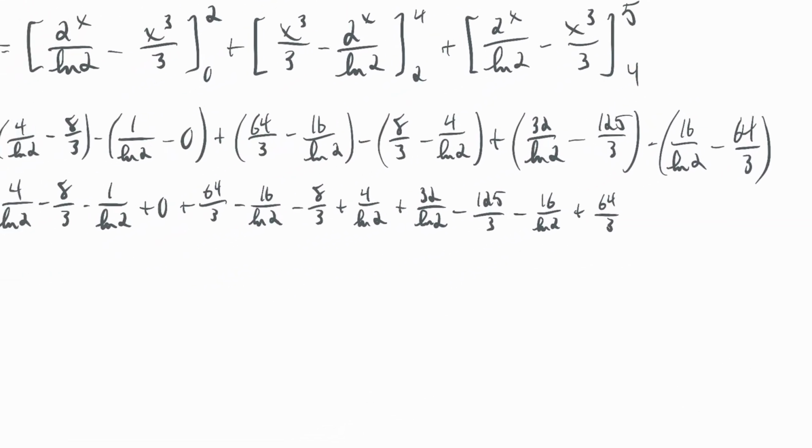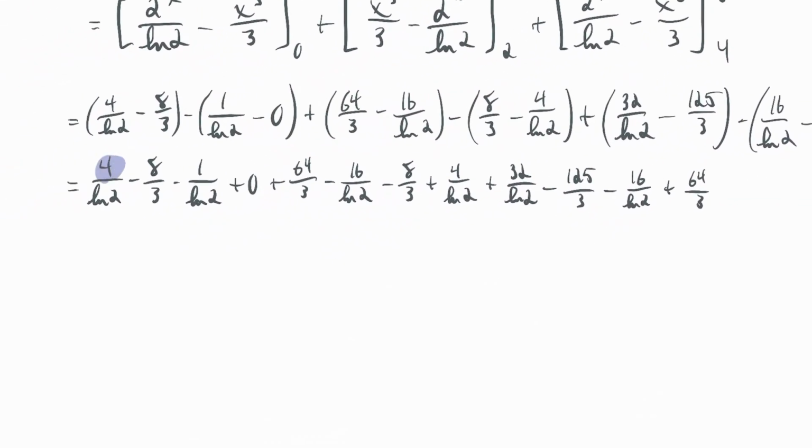Okay, so when I total all that up, I'm going to have 4 minus 1, so 3, minus 16 is negative 13, minus 9, 23, so 7 over ln 2. And then negative 13 over 3.